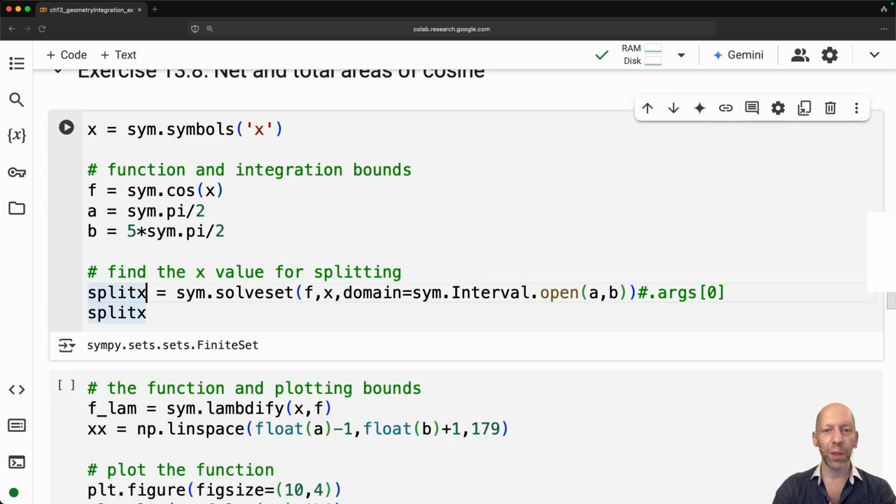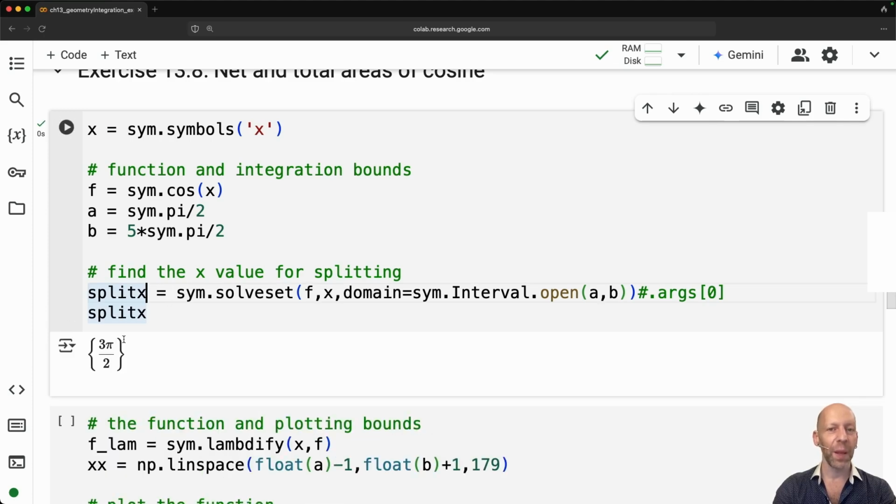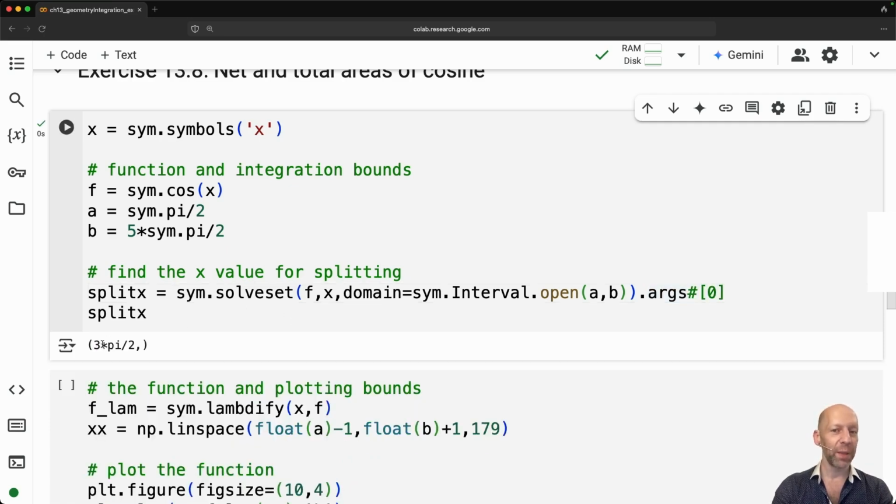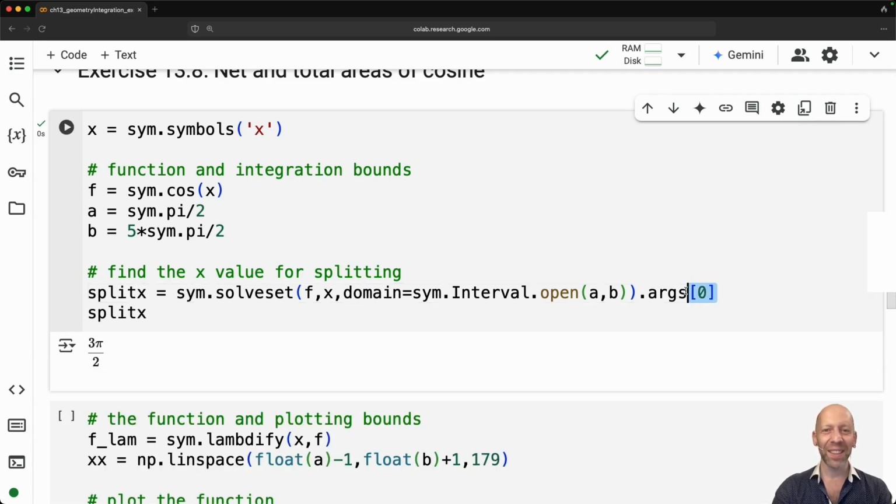So what I want to do is extract the actual number, the symbolic number 3 pi over 2, from the output, which is a set. So to do that, we get the arguments, so .args. This is a property here, and this gives us a tuple. Now this is just a one-element tuple, and I want that one element. So therefore, I'm getting args 0, and this is the splitting variable.